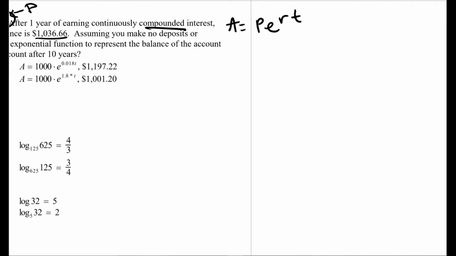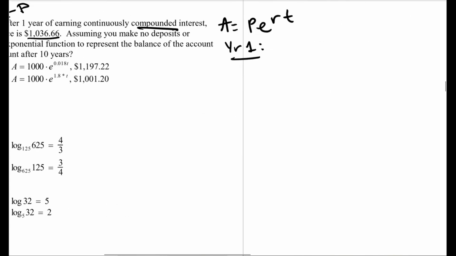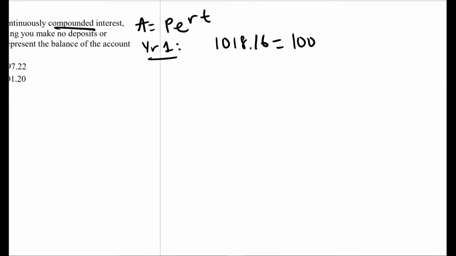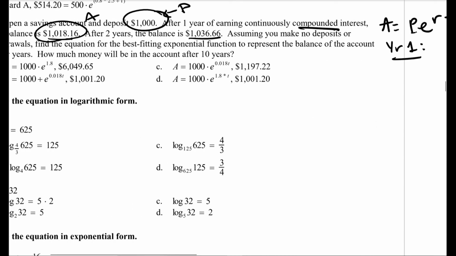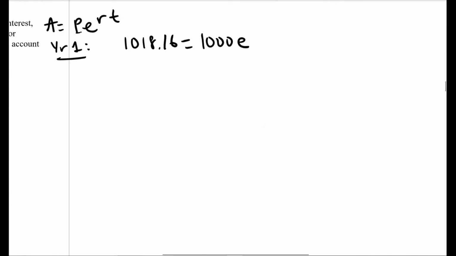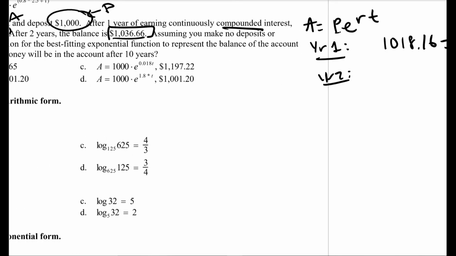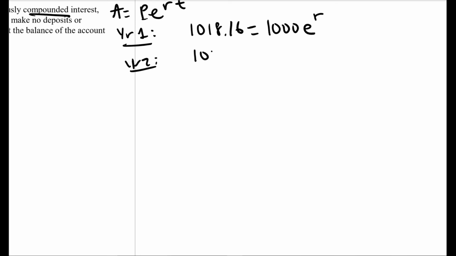So for year one, we have $1,018.16 equals $1,000 for principal, e to the, and then the interest rate, we don't know what the interest rate is, but we do know that it's after 1 year. So we have this times 1 year, and r times 1 is just r, so I'm just going to write it as r. All right, so now for year two, the amount is now going to be $1,036.66.